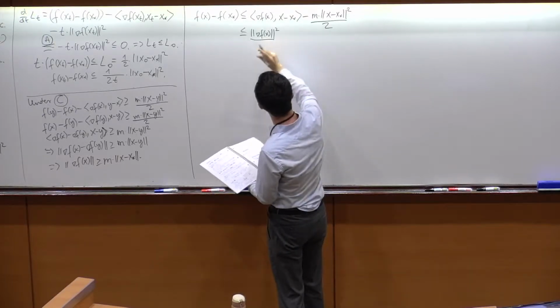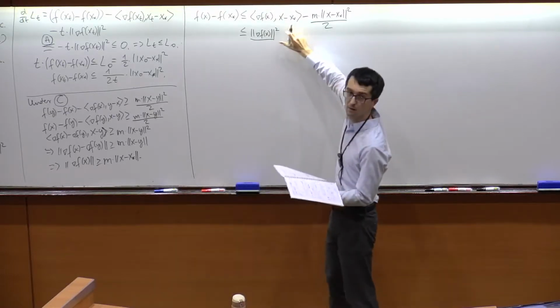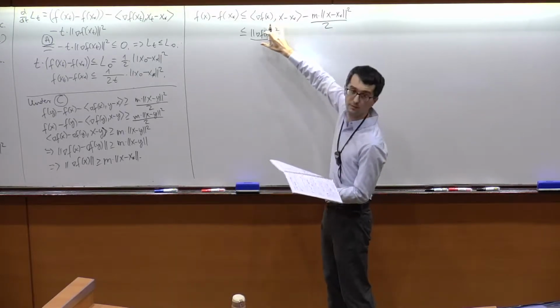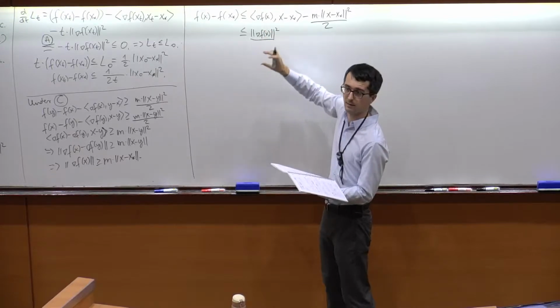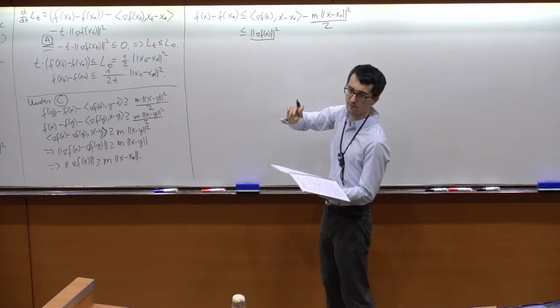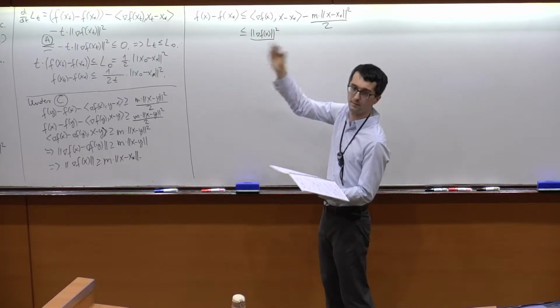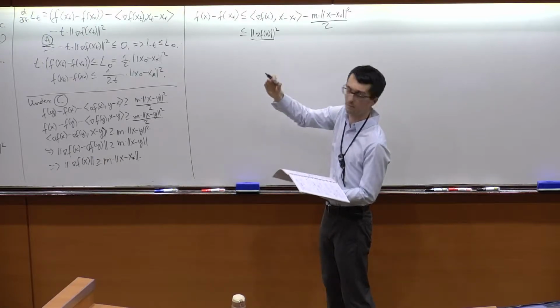What I'm doing here is using the Cauchy-Schwarz on this with an additional constant factor. You can multiply one of the terms by a constant and the other term by the reciprocal of that constant, and you still have the Cauchy-Schwarz.